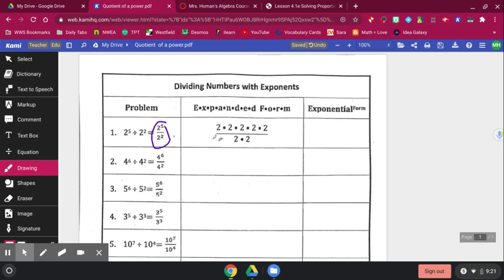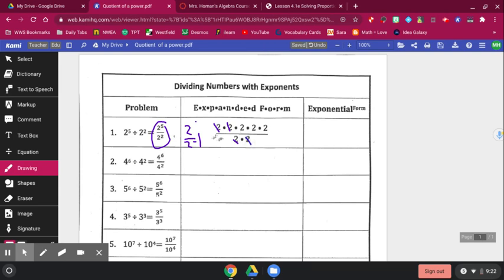What happens here is, if you picture 2 divided by 2, what's 2 divided by 2? That should be equal to 1. This 2 divided by this 2 equals 1. This 2 divided by this 2 equals 1.